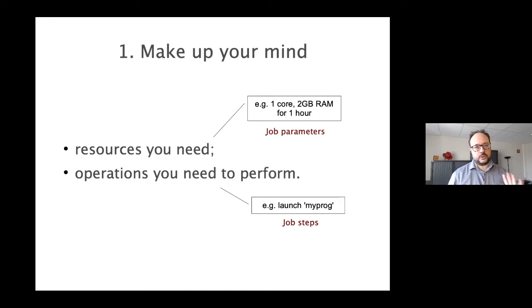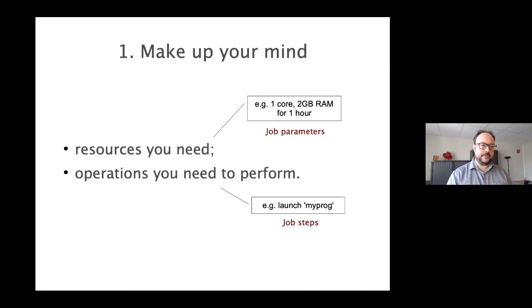And these are called the job parameters. And you need to decide about the operations you need to perform. If you remember, a job is a set of operations. For instance, you need to launch a program which you compiled by yourself, and it's named, for example, myprog. And those are called the job steps.